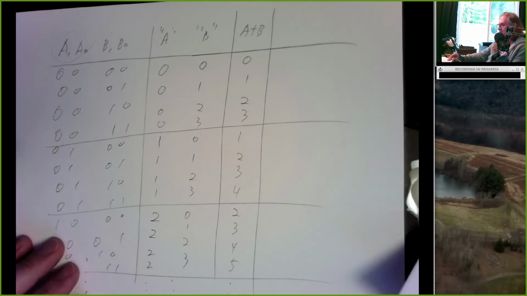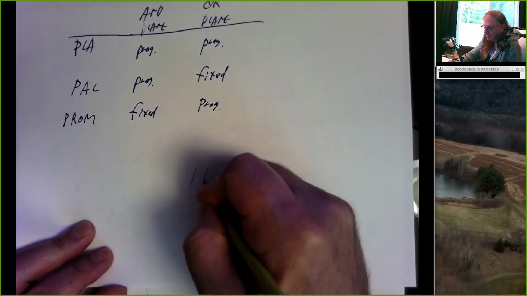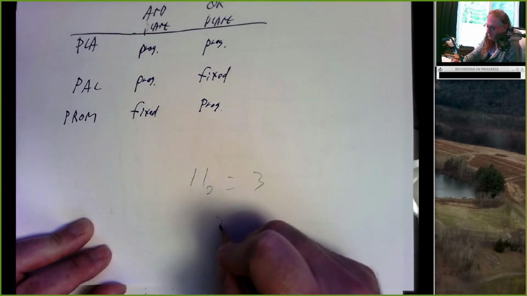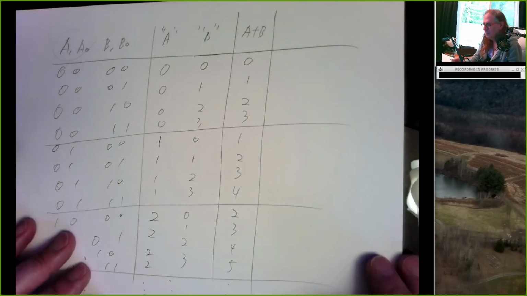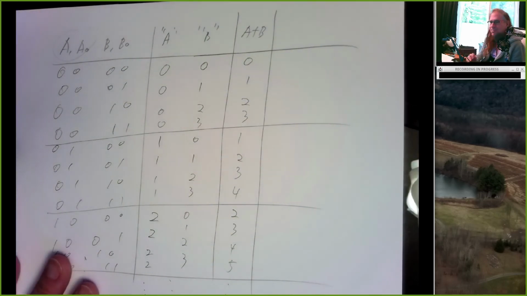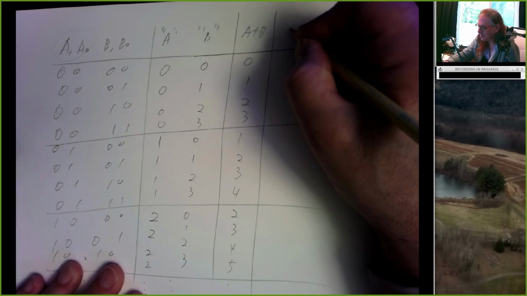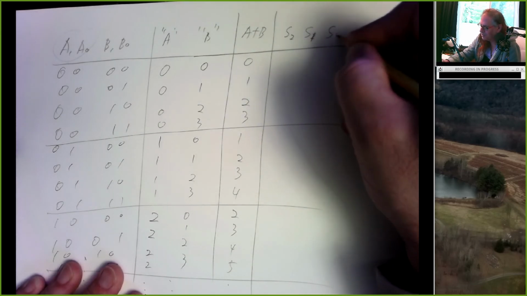So 99 plus 99 would be good for decimal, but for binary, the largest 2-bit number is 1, 1, which is 3, and so our largest sum is 3 plus 3, which is 6. So how many bits do I need to represent a number as large as 6? Three bits, good. So I'm going to have 3 sum bits. I'm going to call them sum 2, sum 1, and sum 0.